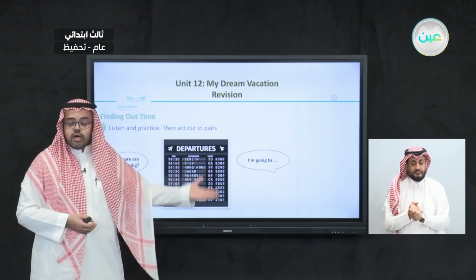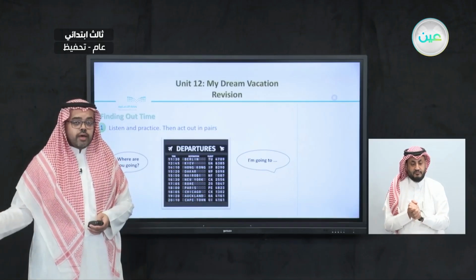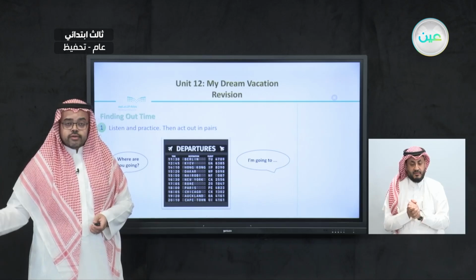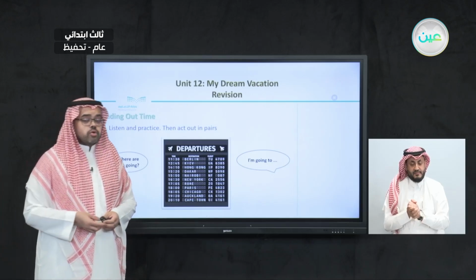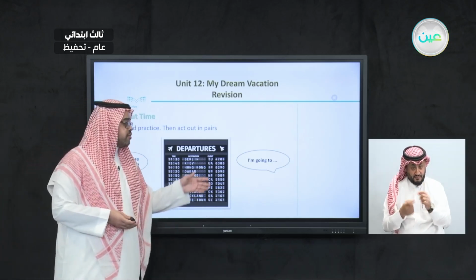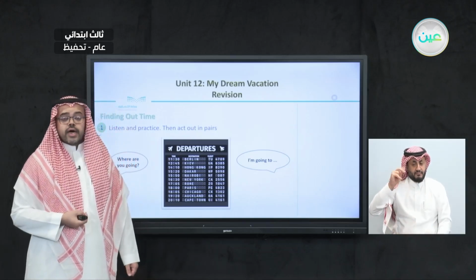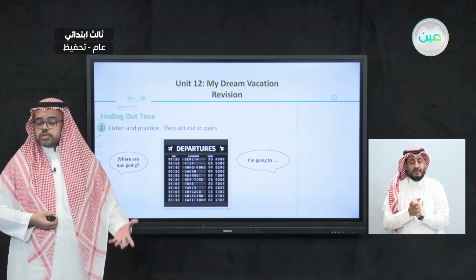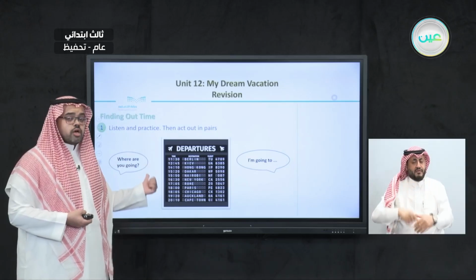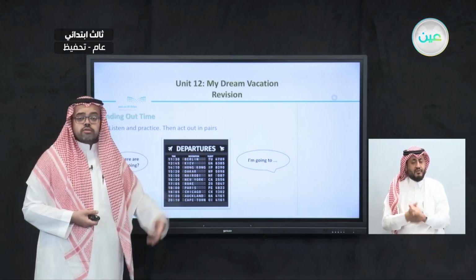I'm going to Riyadh. I'm going to Abha. I'm going to Berlin. It is important that we start our answer with, I am going to. This is how we can build questions and answers with going to.